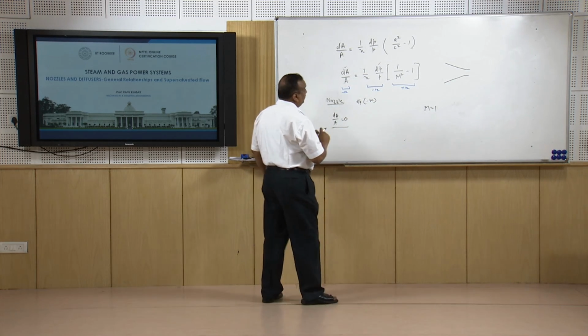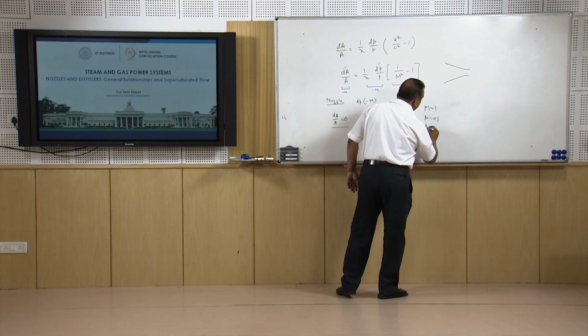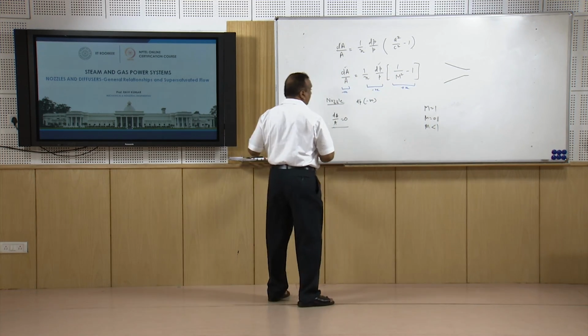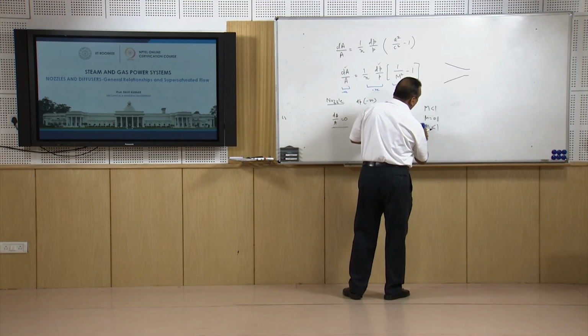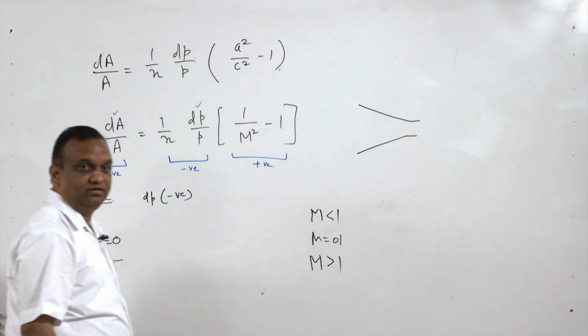The third case, M equal to 0 and M less than 1, we have already discussed. Now the flow is supersonic, M is greater than 1.